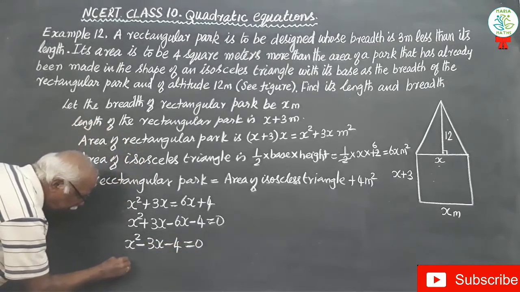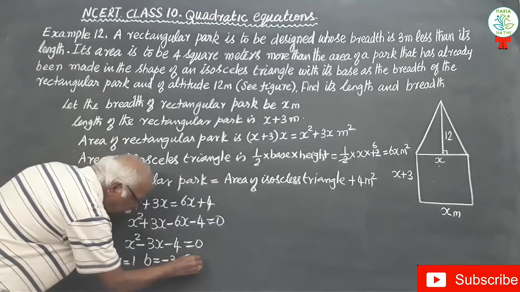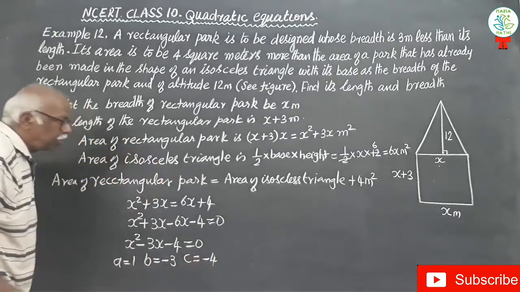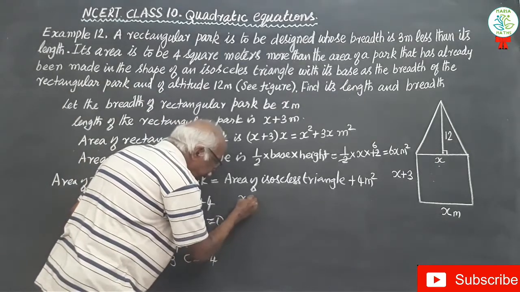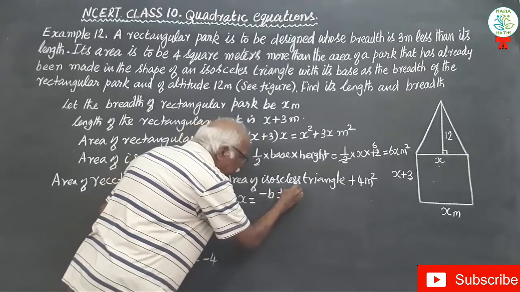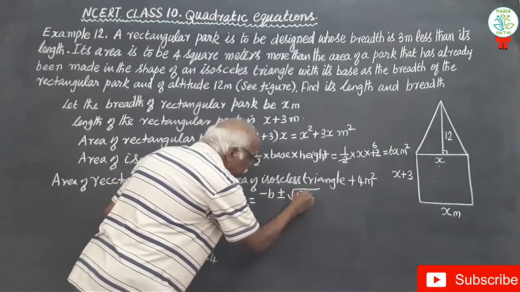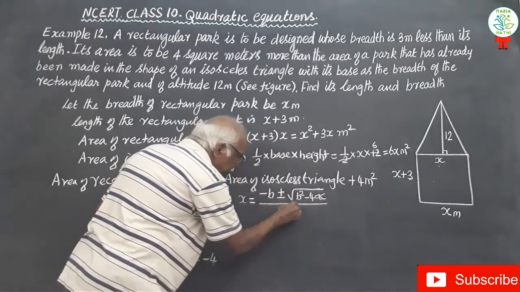Now a equal to 1, b equal to minus 3, c equal to minus 4. Then by the quadratic formula, x is equal to minus b plus or minus square root of b square minus 4ac by 2a.